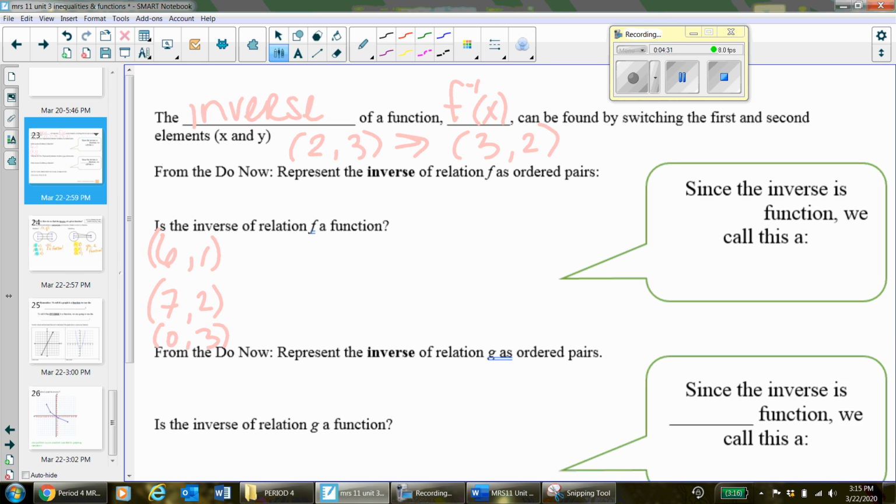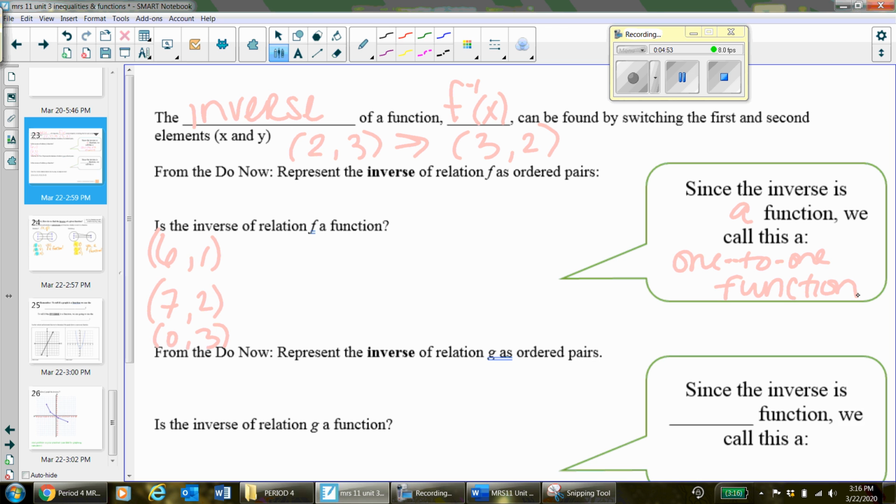Since the inverse is a function, you're just plugging in a function, we call this a one-to-one function.